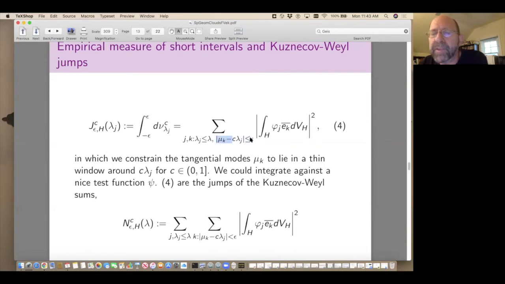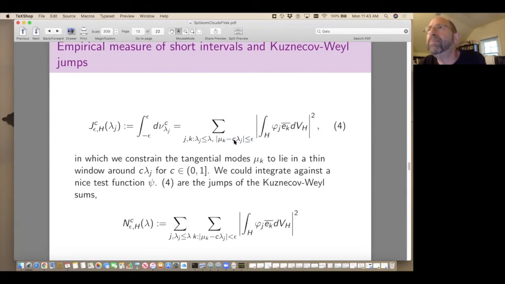This is the best we can do in terms of focusing in on a single Fourier mode. This is definitely focusing on one eigenfunction, but we're only able to do some kind of sum over the Fourier modes.